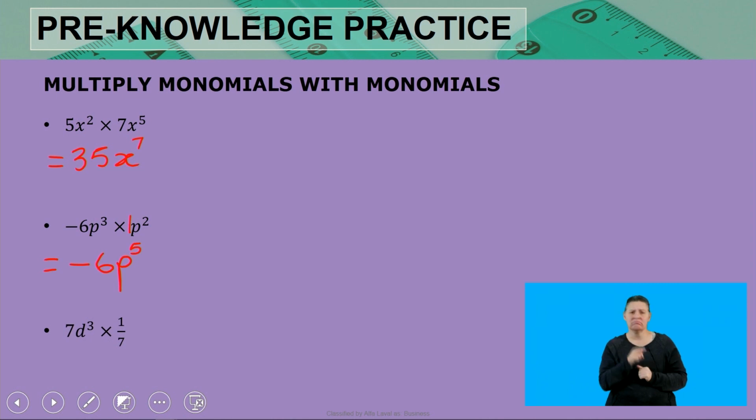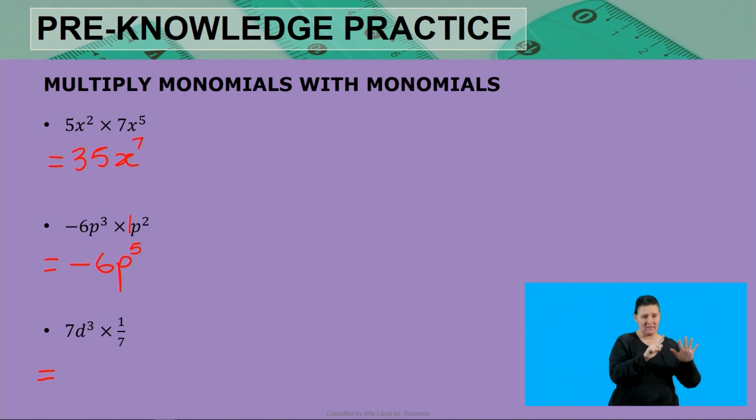The third one has 7d cubed multiplied by 1/7. We are going to start by multiplying the 7 and the 1/7. When we say 7 multiplied by 1/7, that gives us 7/7. Because this one does not have any variables, our variables there would remain as they are.